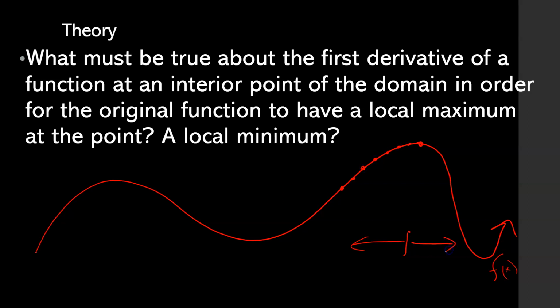To the right of that maximum, the slopes of this graph would be negative. The derivative of this graph would be negative. Is that true at this other local maximum on the left, that the slopes change from positive to negative, that the derivative changes from positive to negative? Yes, that is true.